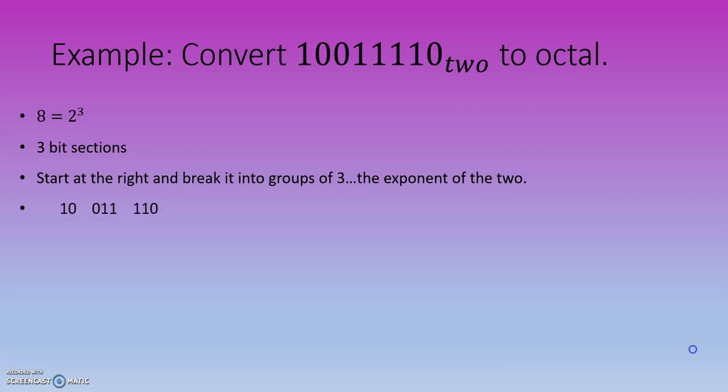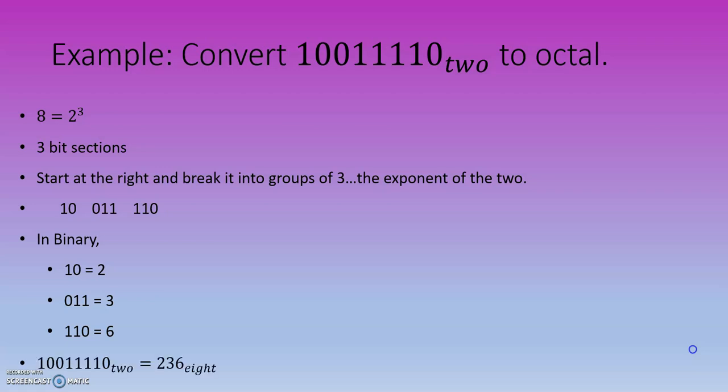In binary, 010 equals 2, 011 equals 3, 110 equals 6. Put it together to get our octal form. 10011110 base 2 equals 236 base 8.